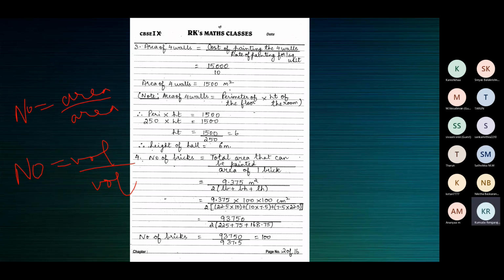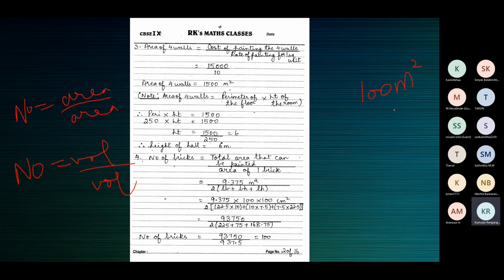So the number of bricks will be the total area that can be painted, area by area I told you, divided by the area of one brick. It's very simple, you know. I can give you another example to explain this. Supposing you have some paint in a container which can paint an area of 100 meters square.